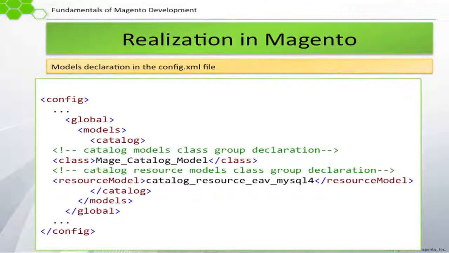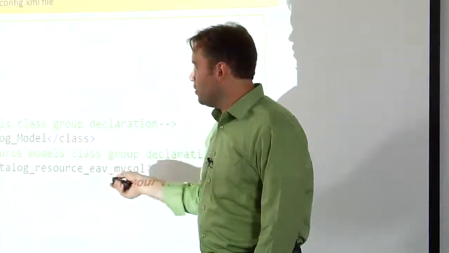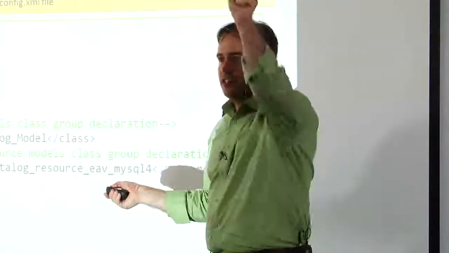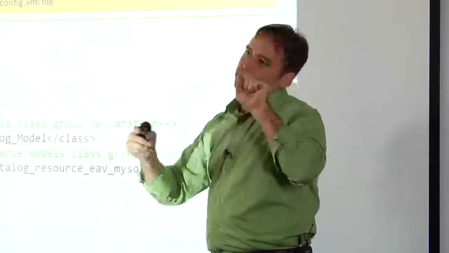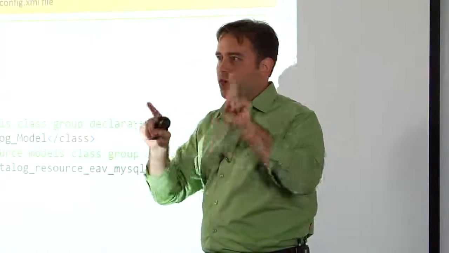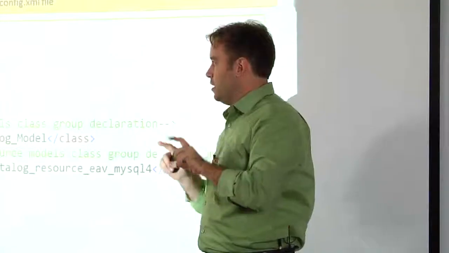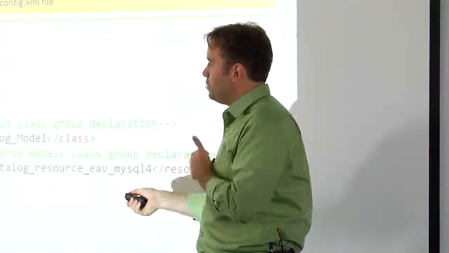Config global models. There's config global models, config global helpers, and config global blocks. This is why those folders are up to you to name however you want. This right here is the prefix. And because name and position in the file system are one and the same, this always will map to a file system location.